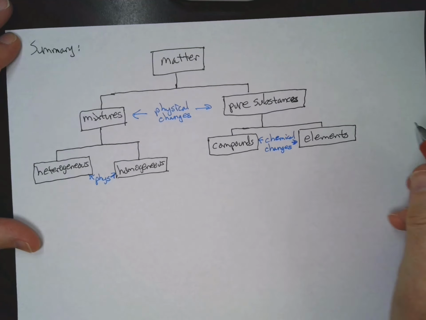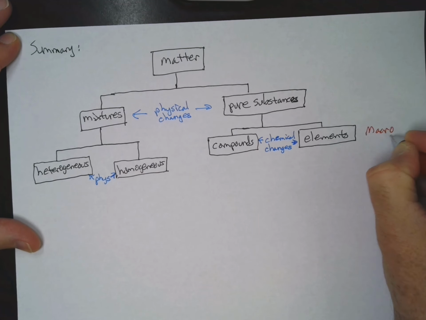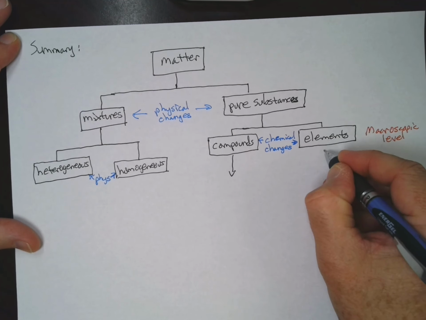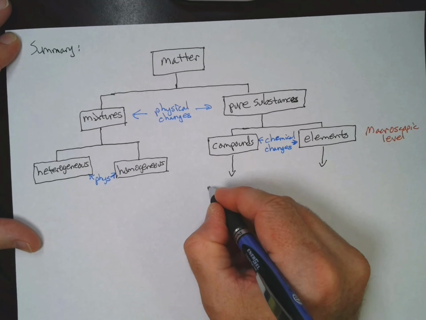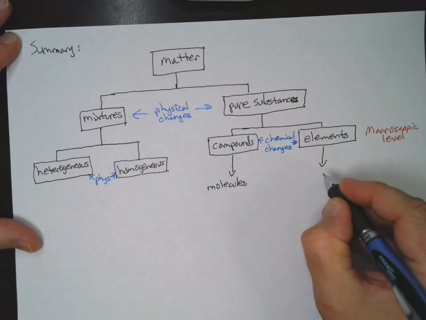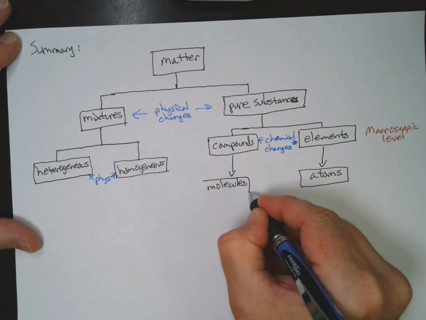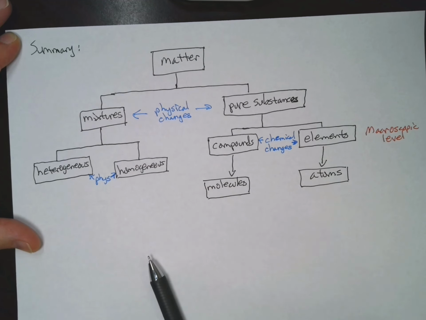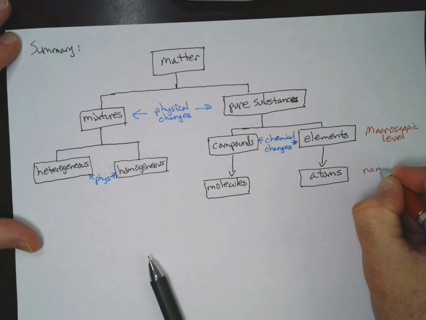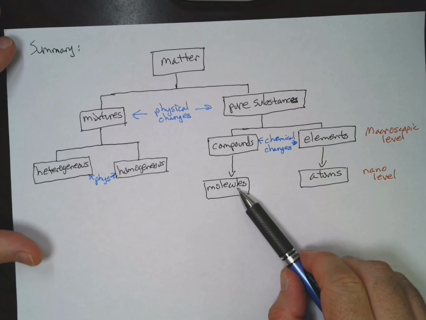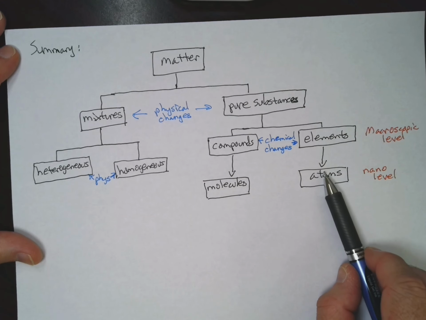Breaking up a compound into its component elements is a chemical change. At this point, I want to mention that this is at the macroscopic level. And then if we go down to a microscopic level, or we'll call it the nano level, we see that our compounds are made up of molecules and elements are made up of atoms.